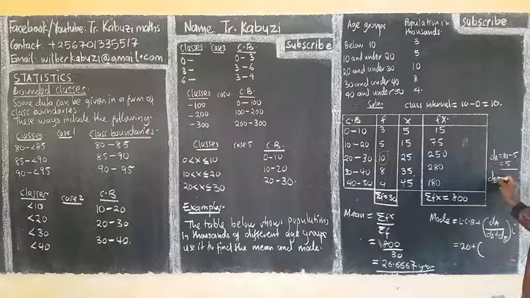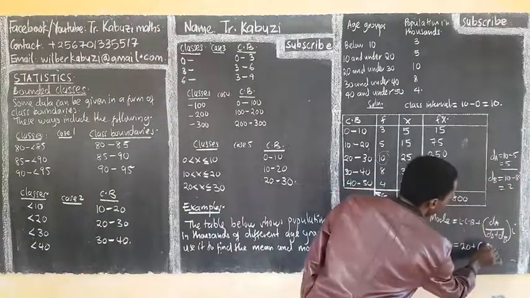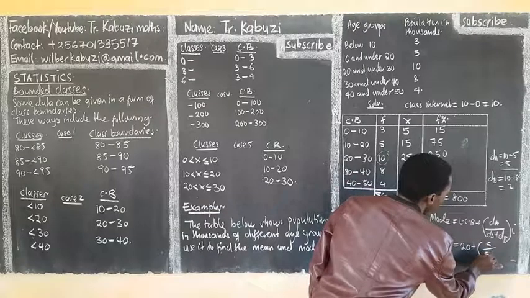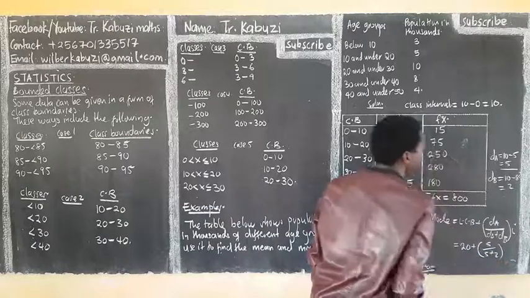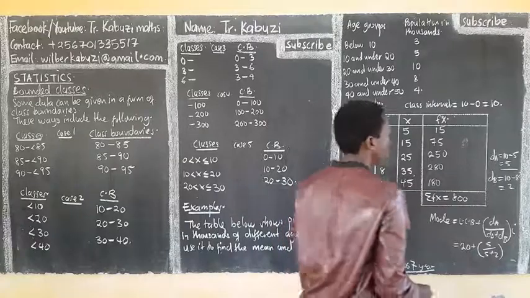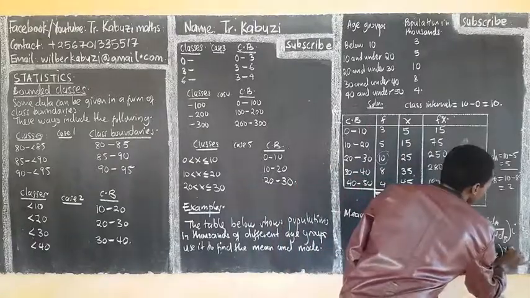Then D2 is the frequency of that class minus the one below it, which will be 2. So this will be 5 over 5 plus 2, then times the class interval. Here, our class interval is 10.